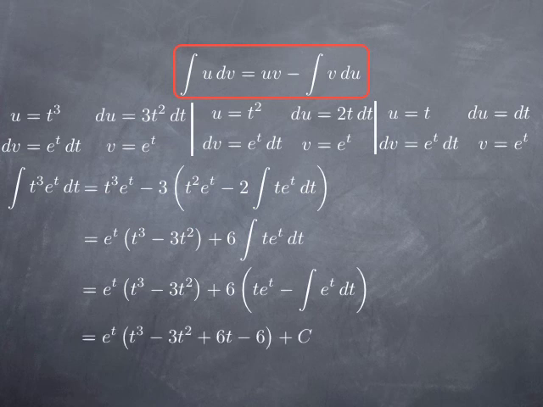So we obtain 6t e to the t minus 6 e to the t, and factoring e to the t, we obtain e to the t multiplied by t cubed minus 3t squared plus 6t minus 6, all this up to a constant.